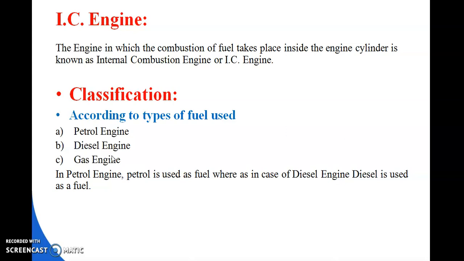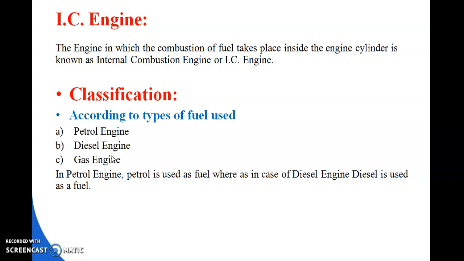Next device is your gearbox. Why are we using a gearbox in an automobile? The function of the gearbox is to provide variable engine speed or RPM and torque to the wheel depending upon the road condition.